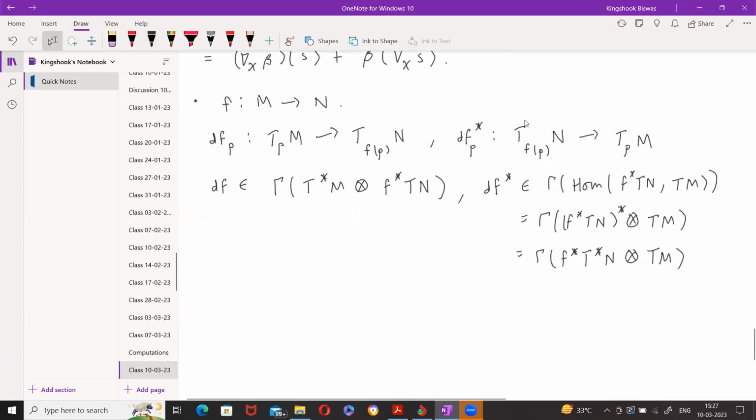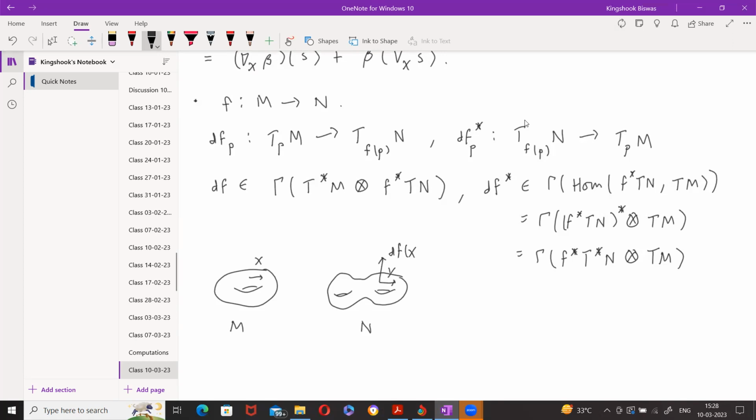So I have say here M, and here I have say N. So let me take a vector field Y on N, and I take a vector field X on M. Then I can look at DfX.